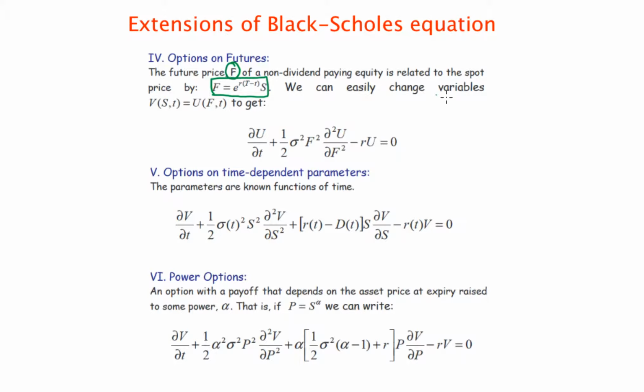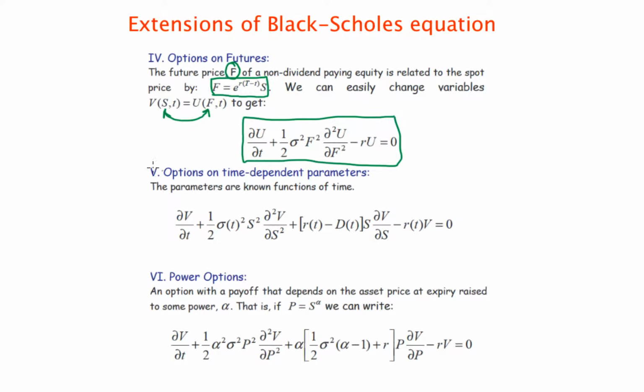And we can easily change the variables and express that in terms of F instead of S. And we'll have, therefore, an equation in terms of the new variable, where the function is written in terms of F, which is the future price, instead of S. And that would be the extension of the Black-Scholes equation for future prices.